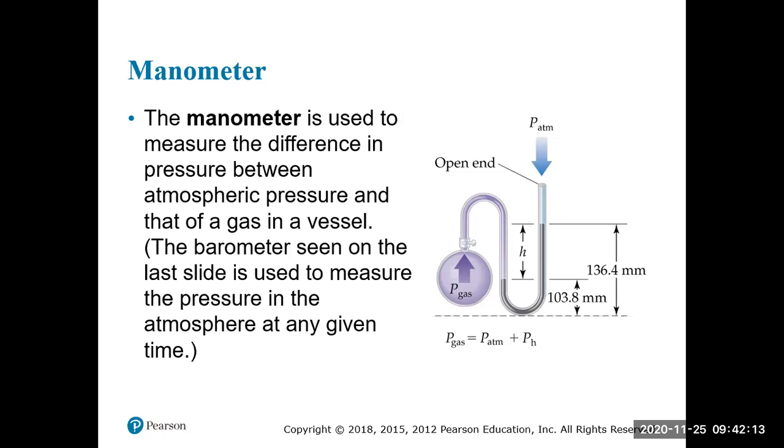So it's like a tug of war between the container and the atmosphere. That difference in height of the two levels of mercury plus the atmospheric value tells us what the pressure of the gas is.